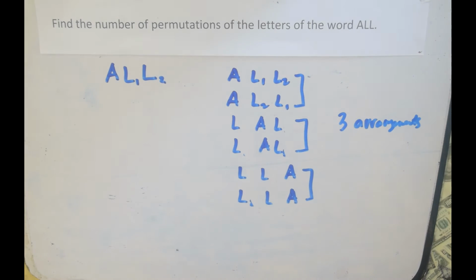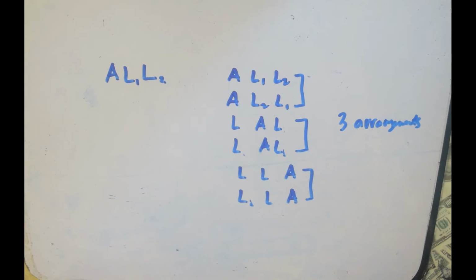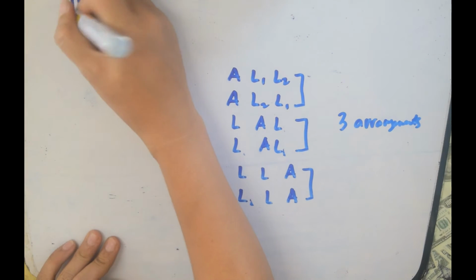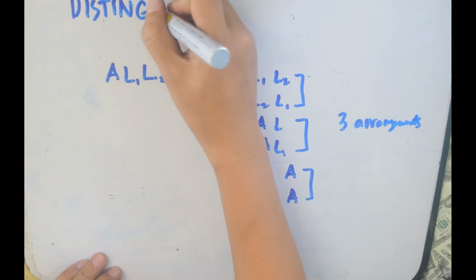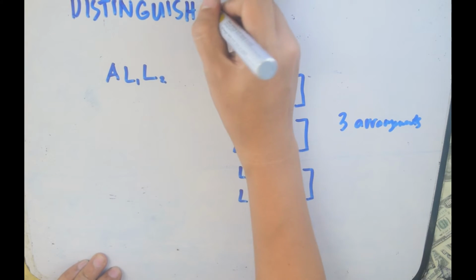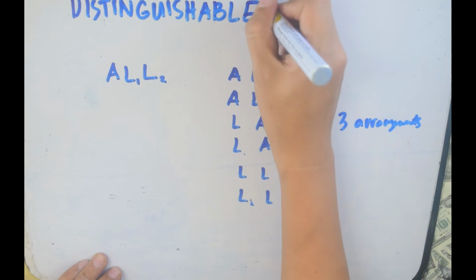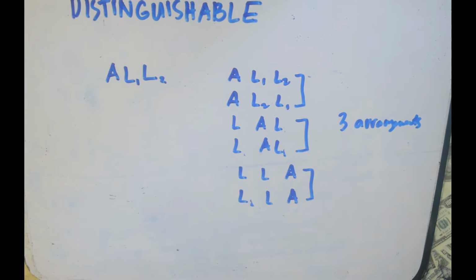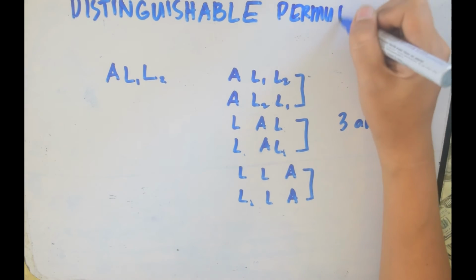So this is what we call the distinguishable permutation. Okay? So that is what we call distinguishable permutations.